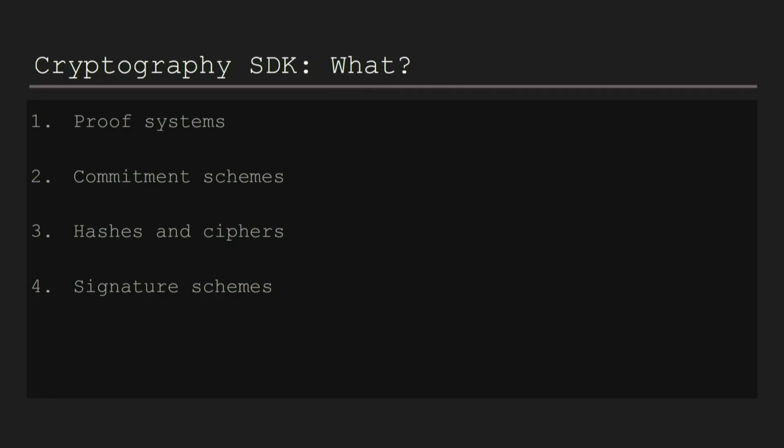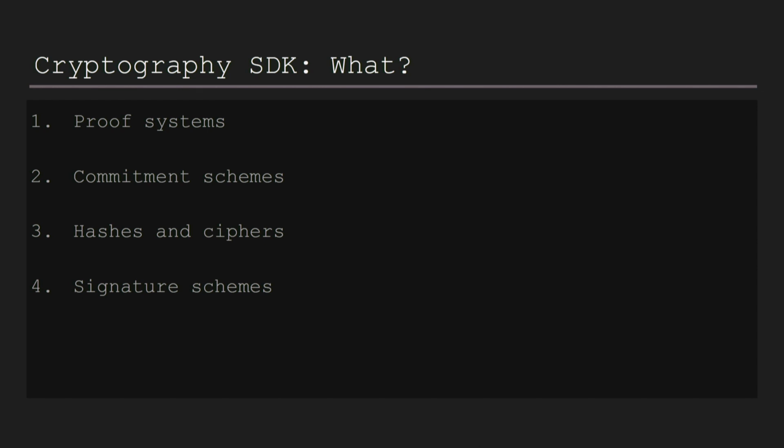But both of them serve the same purpose, and they contain a lot of cryptography stuff. The proof systems, I mean the STARKs, the commitment schemes like LPC, FRI, KZG, and everything. The basic cryptography like hashes and ciphers, signature schemes and serialization, marshalling, everything like that. And all the stuff we have in the SDKs is pretty well optimized for the circuit backend.